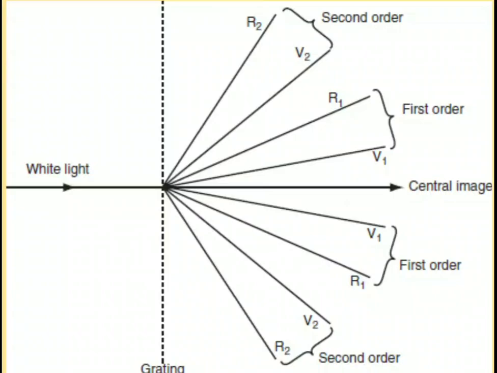The white light is again observed on the screen as white light, because here there is no diffraction angle. That means the central image has the same light as we used initially, before the grating.